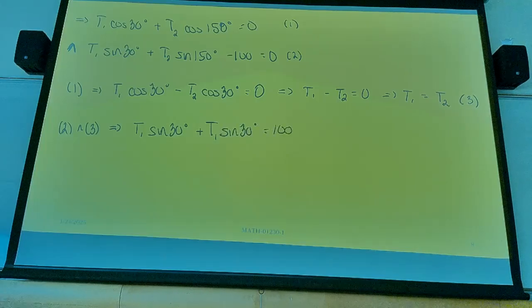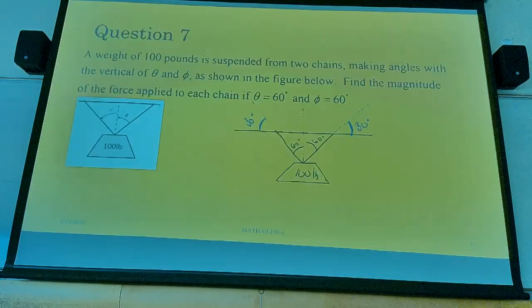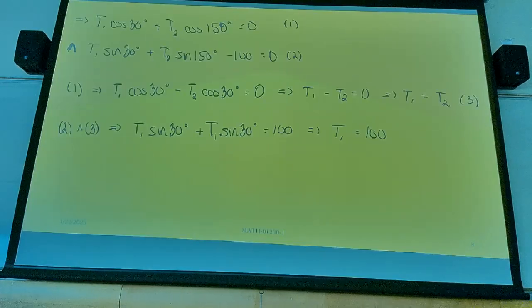What is sine of 30 degrees? 1/2. T1 over 2 plus T1 over 2 is just T1. That means T1 is 100. Specifically, it's 100 pounds. I'll put units in at the end. But T1 has to equal T2. And they were asking for the magnitude of the force applied to each chain. The tension on each chain is 100 pounds.